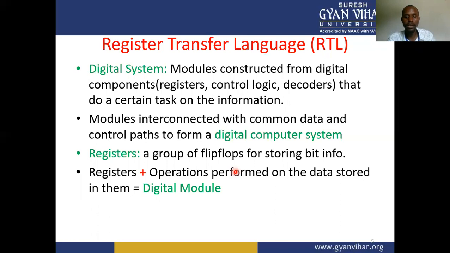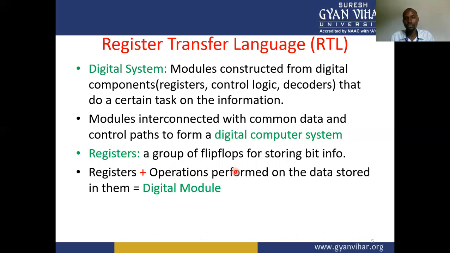So we understand what a digital system is. By definition, a digital system is modules constructed from digital components. Digital components refers to registers, control logic, decoders. And these digital components perform specific tasks on a system.